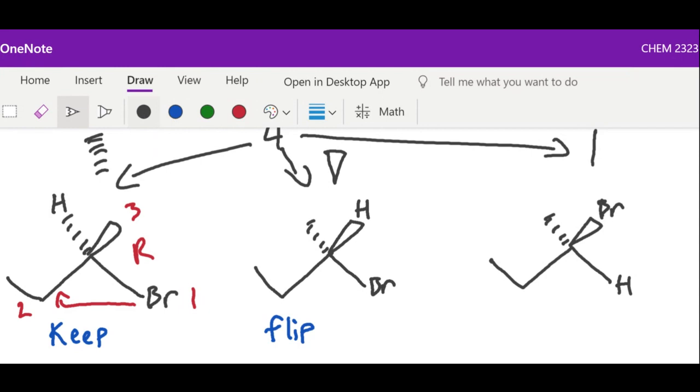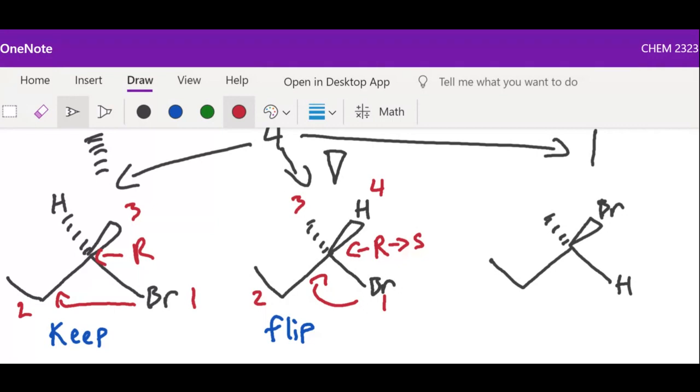But again, let's do the chirality again. So this is 1, this is 2, this is 3, this is 4. So it's going clockwise. So this should be clockwise is R, but because our fourth group is on a wedge, it's going to be actually an S. And then if it's on a line, we have to get our hydrogen, rotate the molecule so that the hydrogen is either on a dash or a wedge.